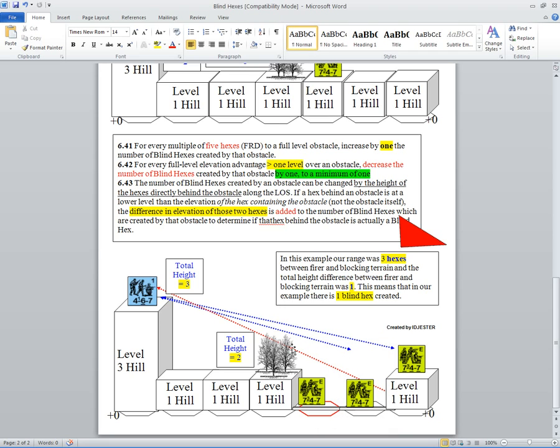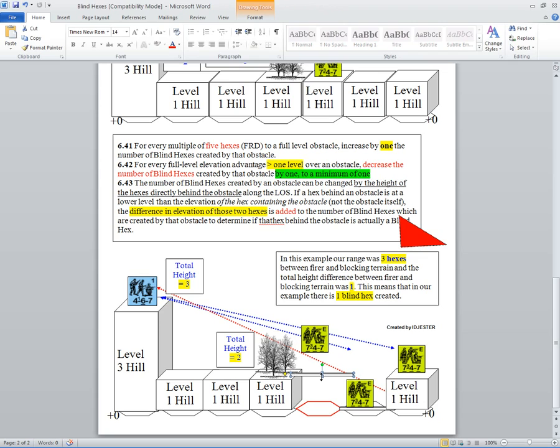So instead of having just the one blind hex because of the same level height, which I can't change right now, okay, if our height is lower, we simply are going to add in the difference between our obstacle height and our target height.